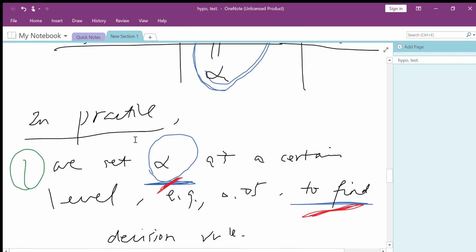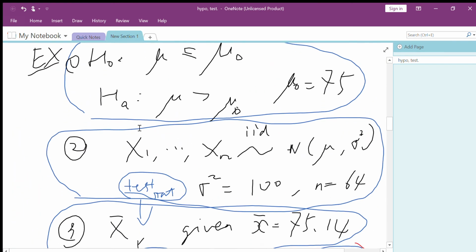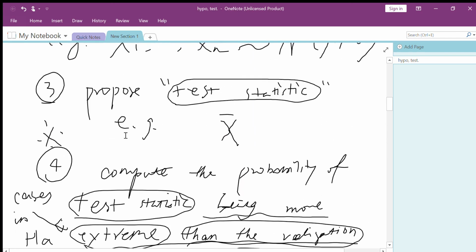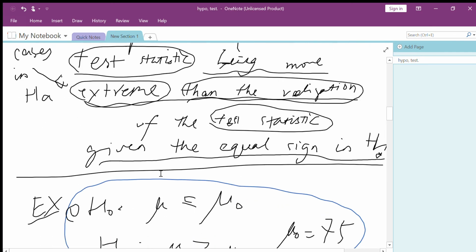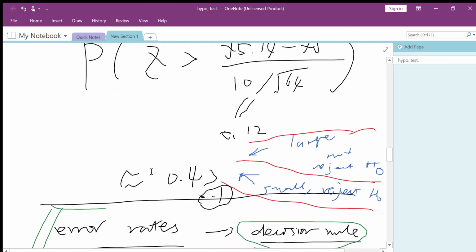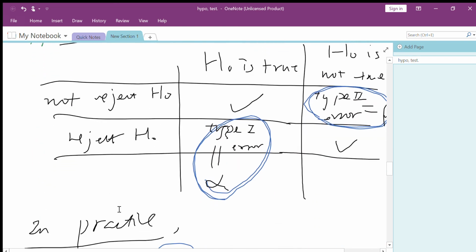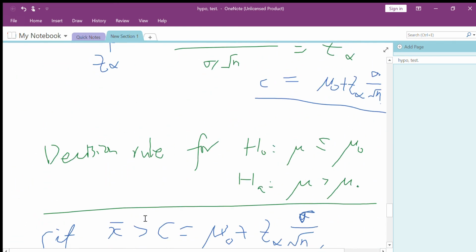We just covered this first example of hypothesis testing, which is right-sided testing like this, and normal model. We have got what we are interested in.